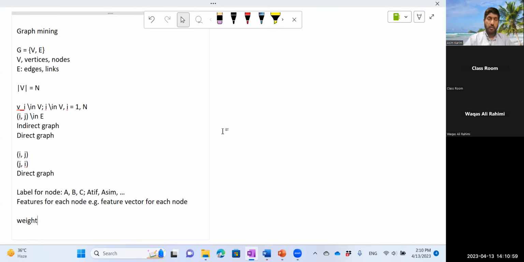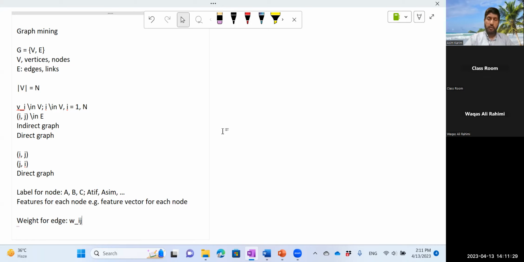Usually you can denote a weight by W subscript I and J. This represents the weight associated with the link from I to J. If it's undirected, then Wij and Wji would be the same. But if it's directed, this can be different. Okay, so you can have a weight associated with the link.